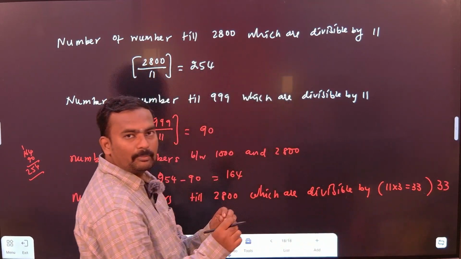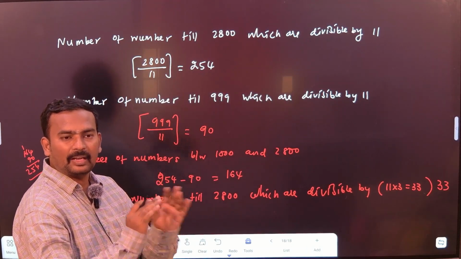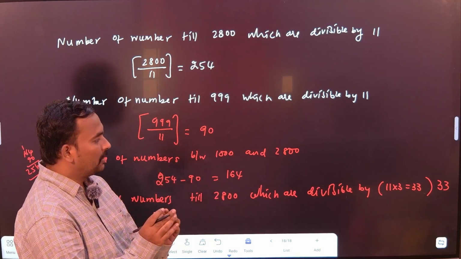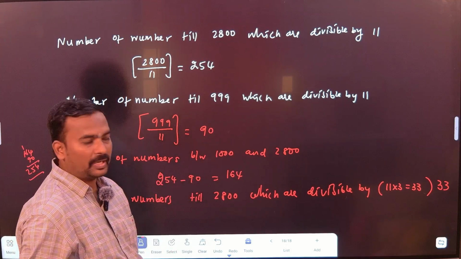You have to take the LCM of 3 and 11, because we need either 11 or 3 completely. We don't want the multiples of the combinations, right?